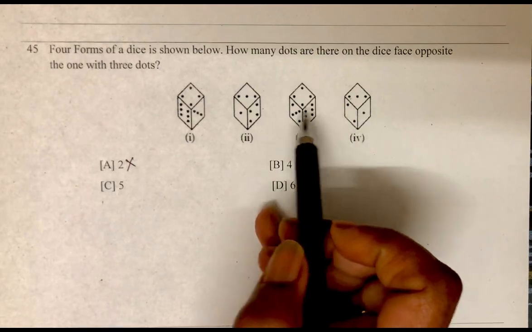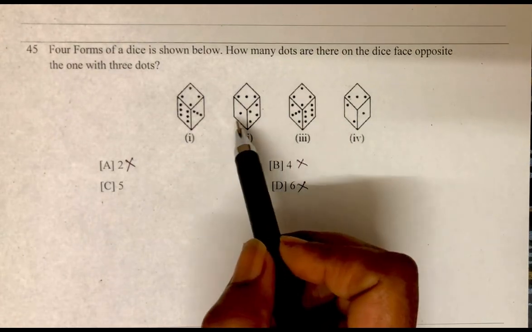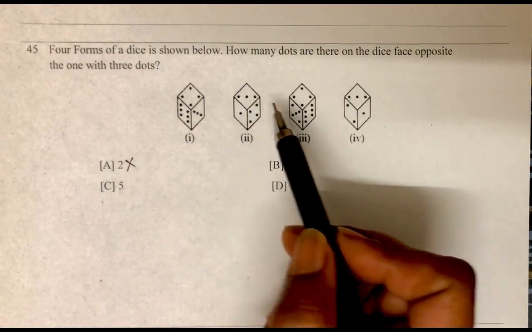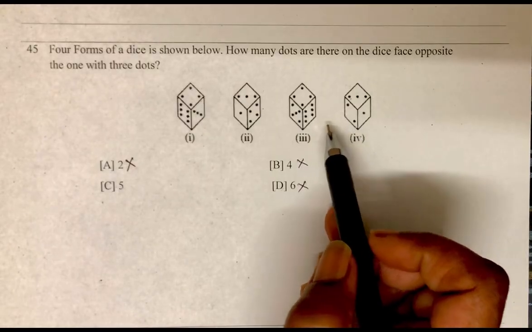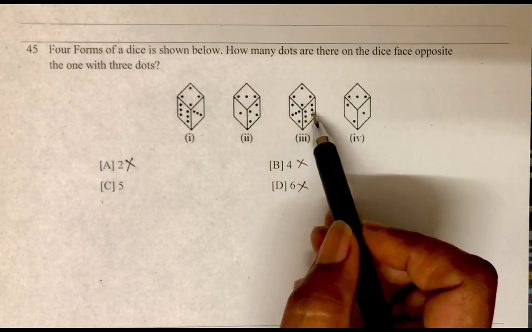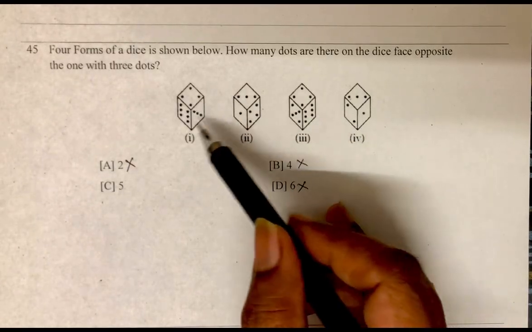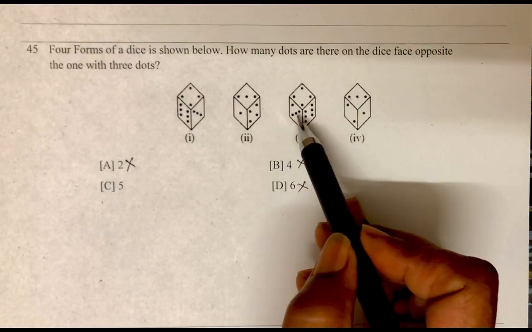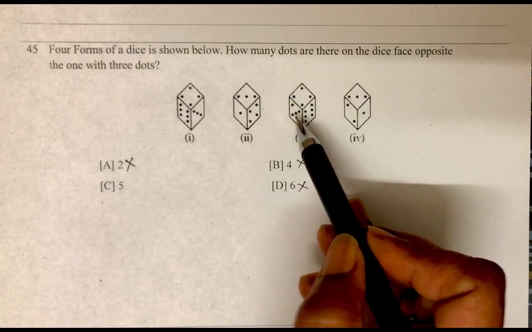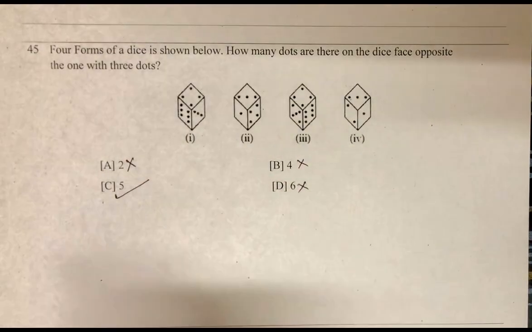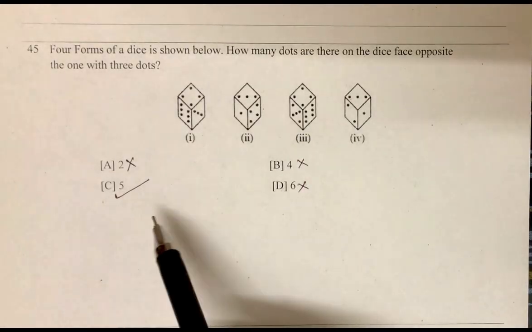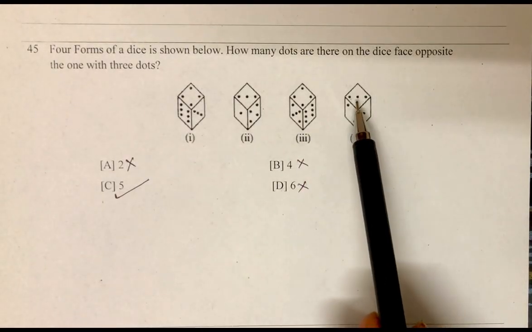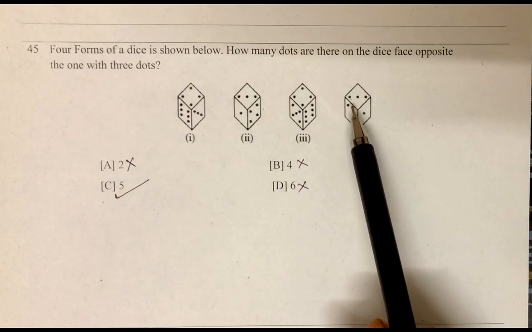From here also we can see that 1 is also adjacent to 3, and 6 and 4 were already adjacent to 3, so we are only left with 5. So our answer is option C, that is 5. 5 must be opposite to the face which has 3 dots.